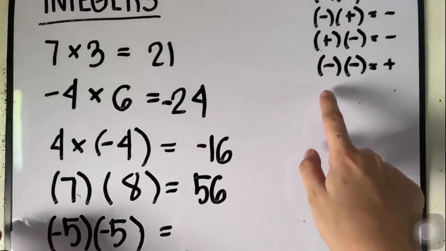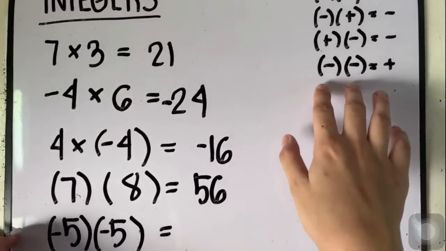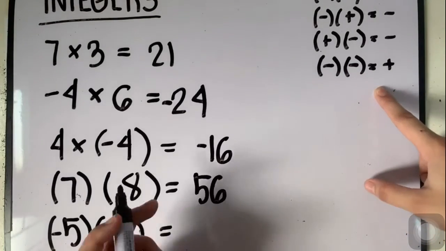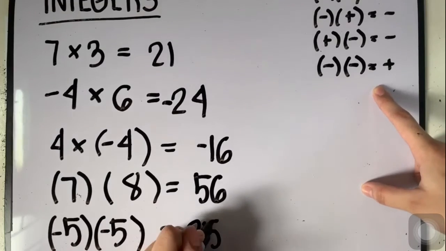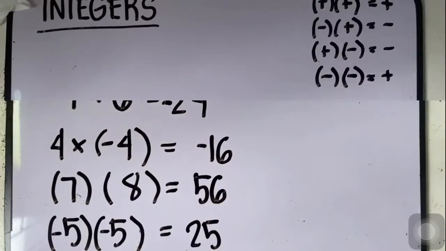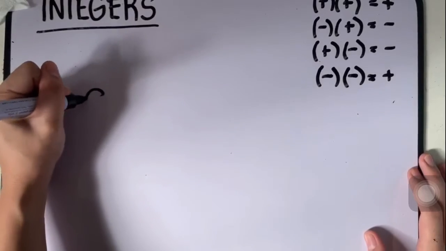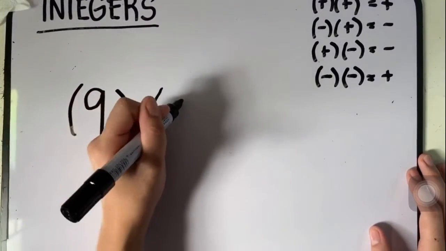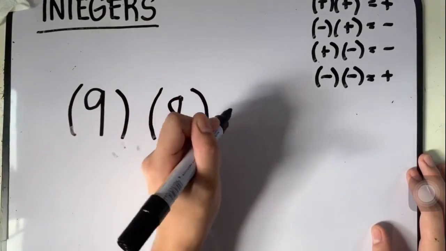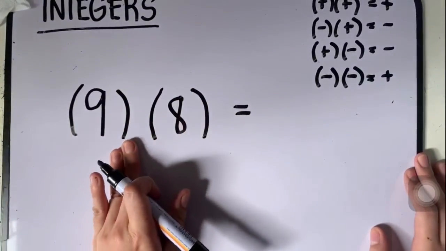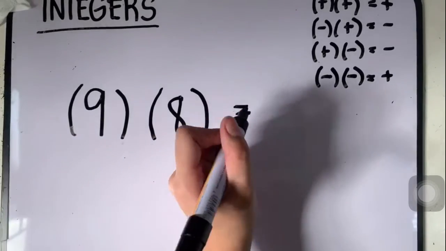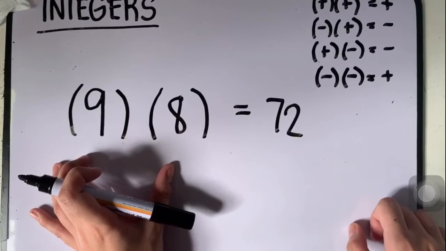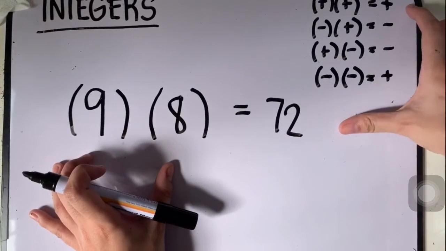Both are negative numbers, and negative times negative is positive. So our final answer will be positive 25. Another example is positive 9 times positive 8. 9 times 8 is equal to 72. Both are positive numbers, so our final answer will be a positive number as well.